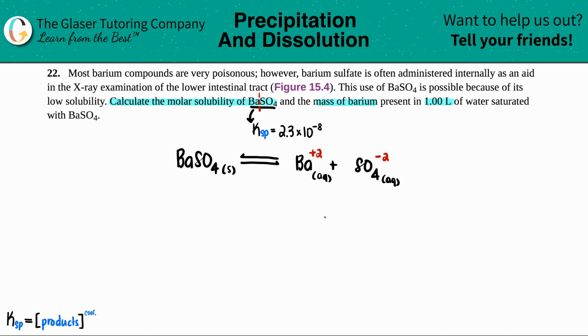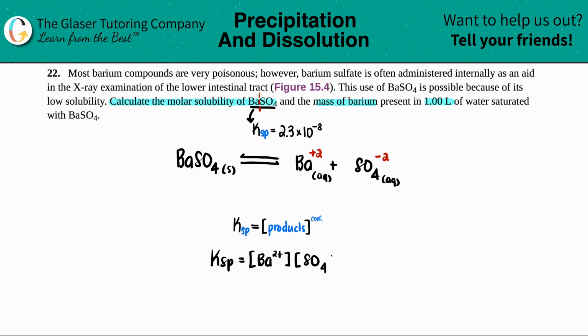Now what I'm going to do is take this equation and just write the general Ksp formula. Just know that it's always equal to the concentration of the products raised to their coefficients. So, and actually, maybe I'll bring this down a little bit. Okay. So Ksp equals the concentration of the barium 2+ times the concentration of the SO4.